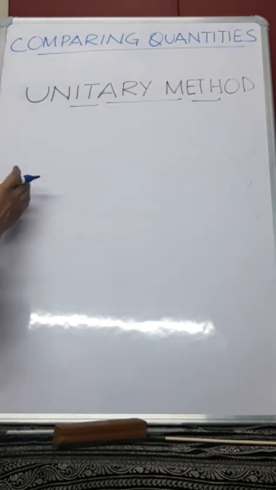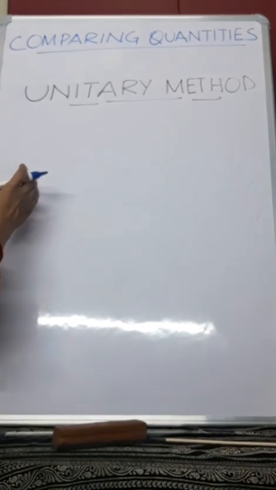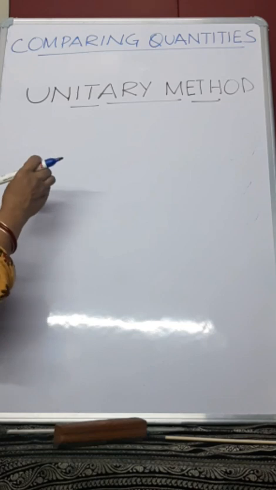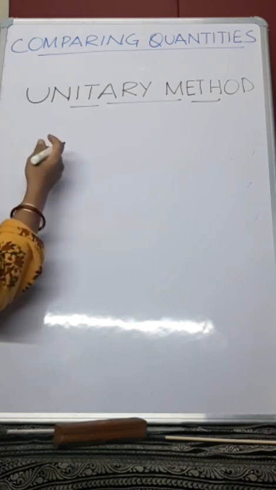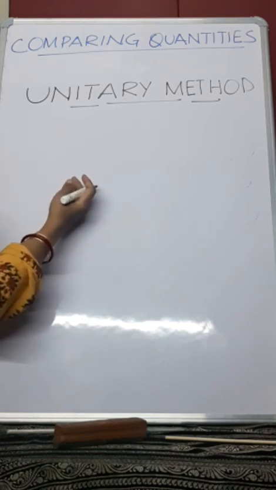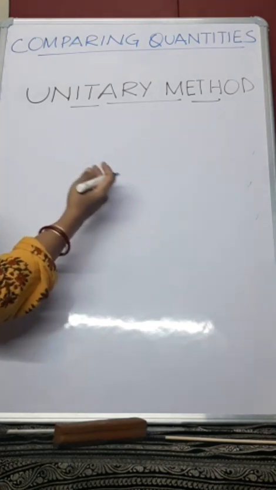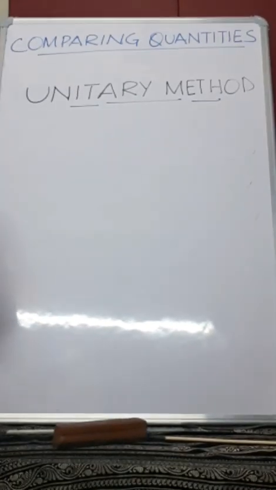In the similar way, bigger numbers for anything, it may include measurement, that is kilometer, meter, centimeter, liter, milliliter, kilogram, gram, milligram, rupees, paisa, then dozen, or any number of items.